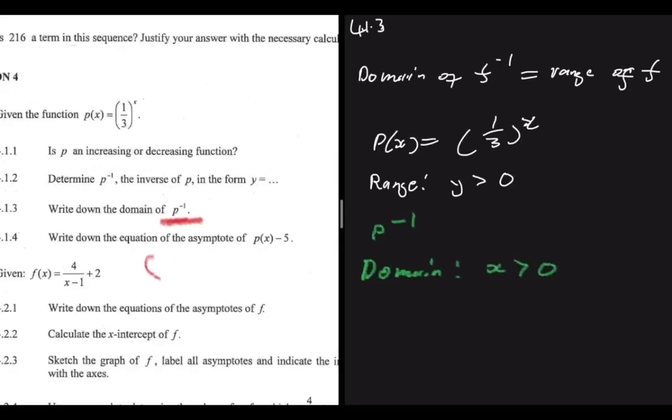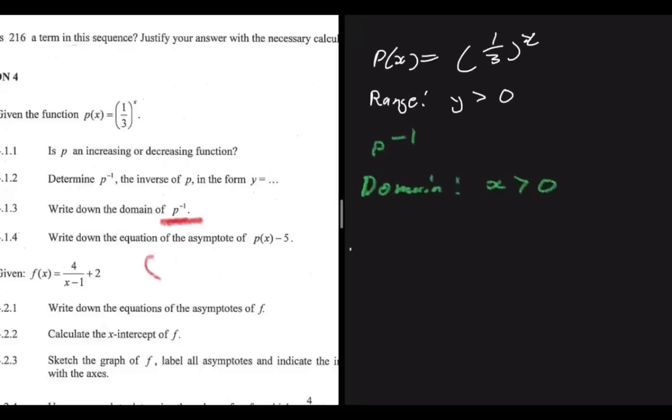And then the last question, 4.1.4, write down the equation of the asymptote of p of x minus 5. So for any exponential function in the form a b to the x plus q, this q here will always be your asymptote, right?